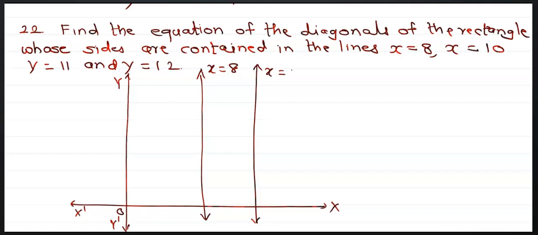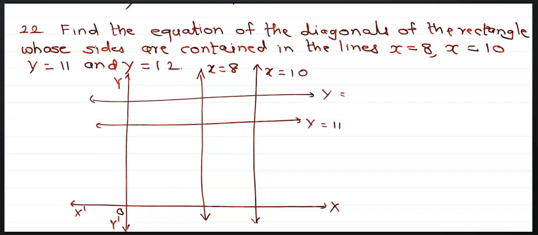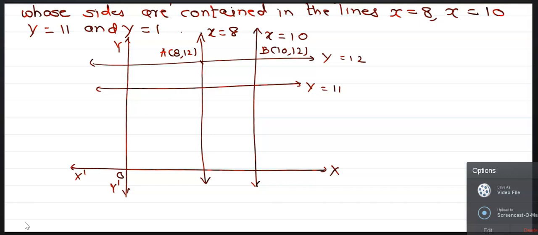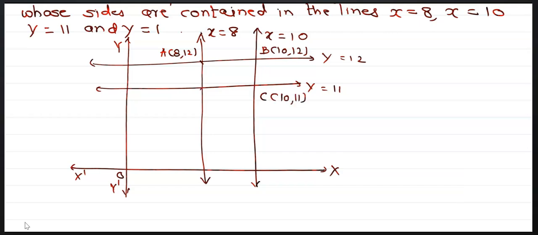X is equal to 8, x is equal to 10, y is equal to 11, y is equal to 12. A is (8, 12), B is (10, 12), C is (10, 11) and D is (8, 11).